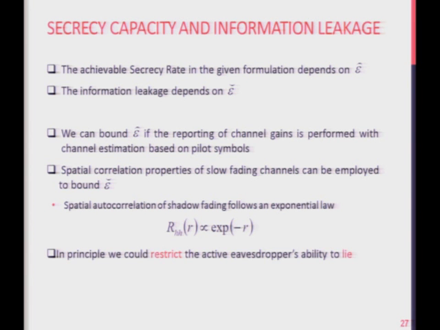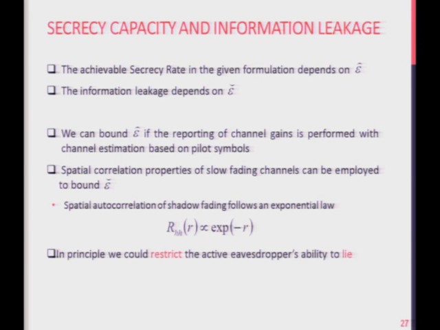And we wanted to get an understanding of what goes on. So the main observations we can make is that the secrecy rate depends on the ability of the eavesdropper to over-report, so on epsilon upper hat. On the other hand, the information leakage depends on the ability of the eavesdropper to under-report, so on epsilon down hat.